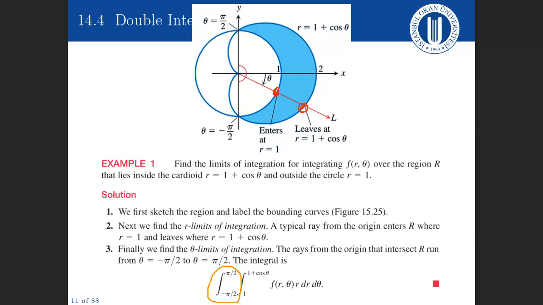That's the biggest possible value of r. So our integral is going to be between 1 and 1 plus cos theta. And before I go on, let me just remind you, when we do an integral in polar coordinates, we have r dr d theta.